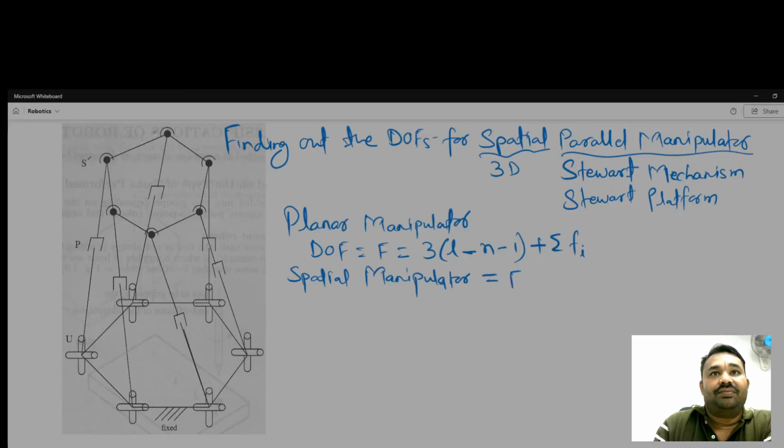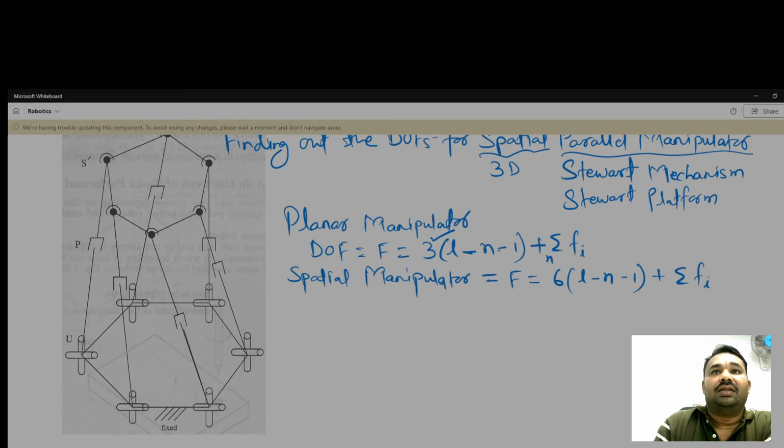So here F is equal to, this 3 is replaced by 6, (L minus N minus 1), then the summation of Fi, with i equal to 1 up to N.